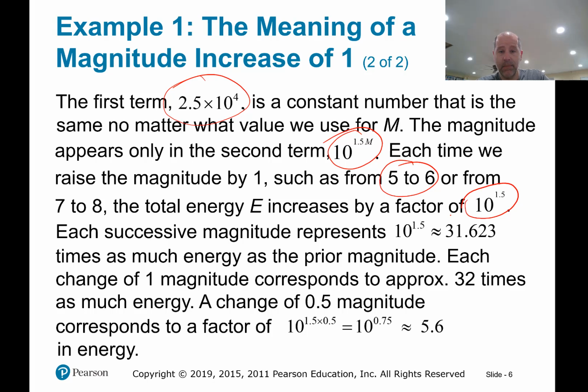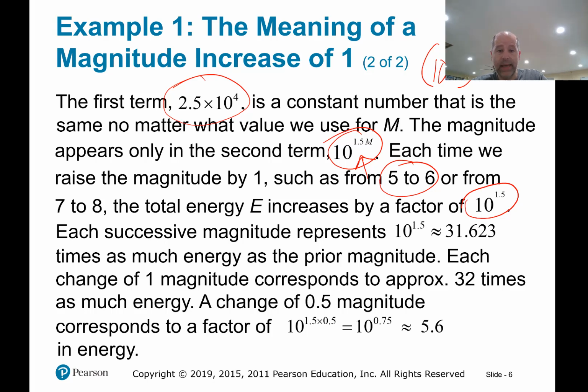Because that's what we have here. We could look at it as 10 to the 1.5 raised to the M power, using the power rule for exponents. So every time we increase by one magnitude, it's going to increase by a factor of 10 to the 1.5 power.